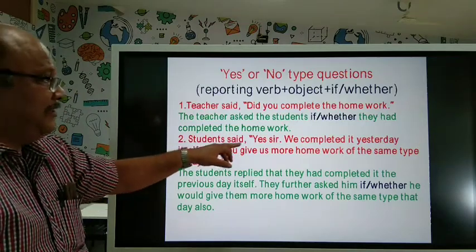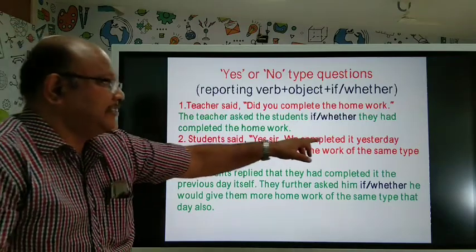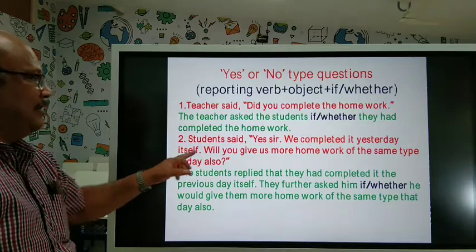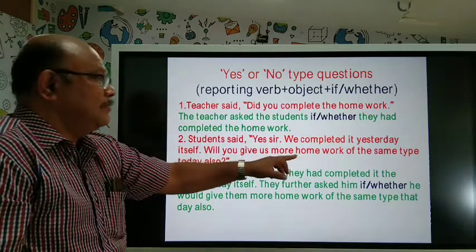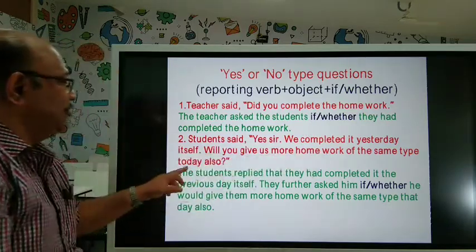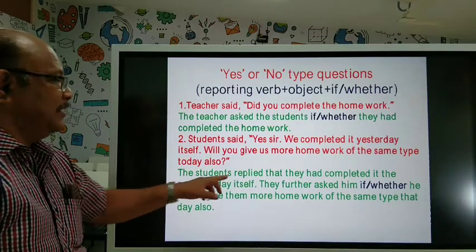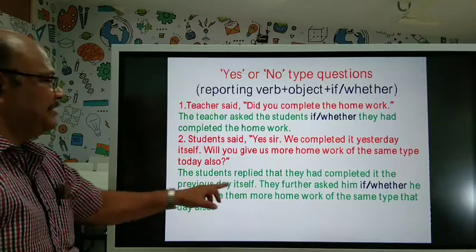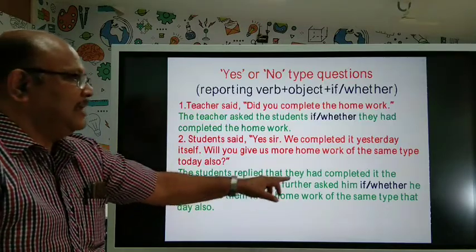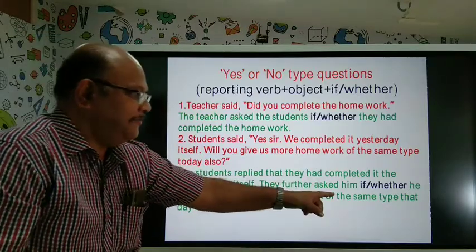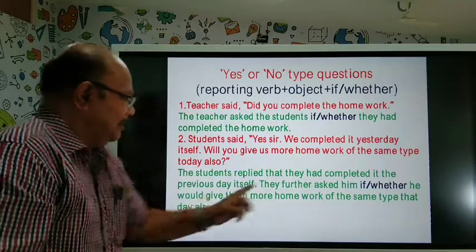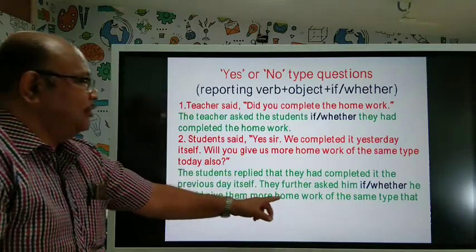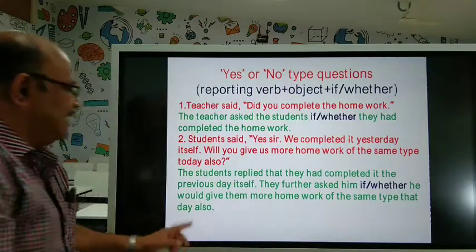Students said, "Yes sir, we completed it yesterday itself. Will you give us more homework of the same kind today also?" The students replied that they had completed it the previous day itself. They further asked him if or whether he would give them more homework of the same kind that day also.